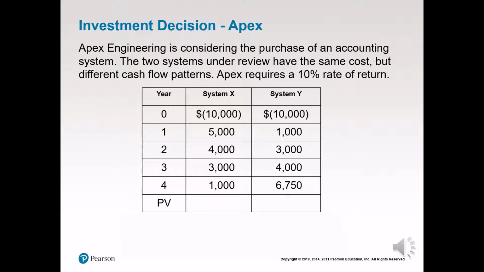Remember that coming up with the net present value is a two-step process. We need to start first by calculating the present value of the cash flow streams and then comparing that present value against the initial cash outlay. So let's do that first.